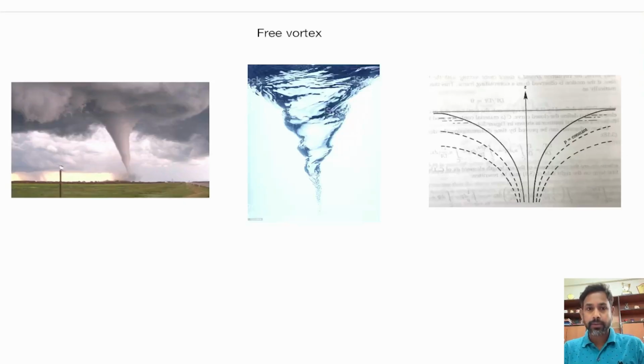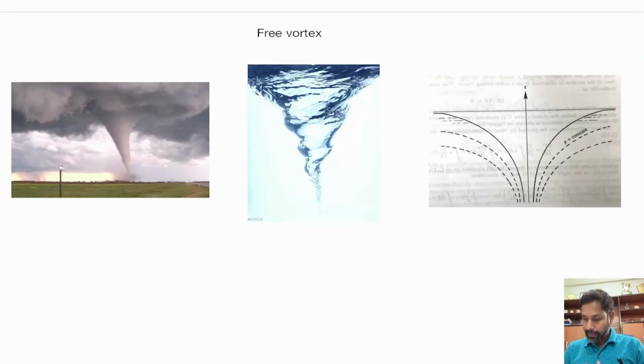However, this also forms when there is some sort of an external force, for example the Coriolis force. So this happens when there is a non-conservative body force that is applied, as we discussed in the last lecture.